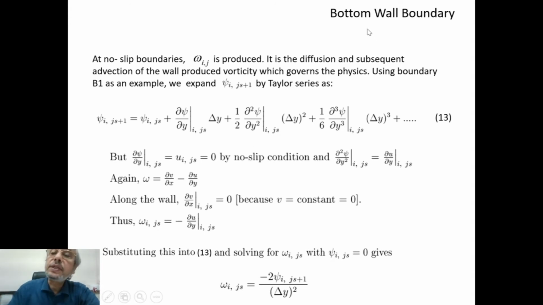So the bottom wall is still continuing. At no slip boundaries, omega ij is produced. This is a very remarkable point.